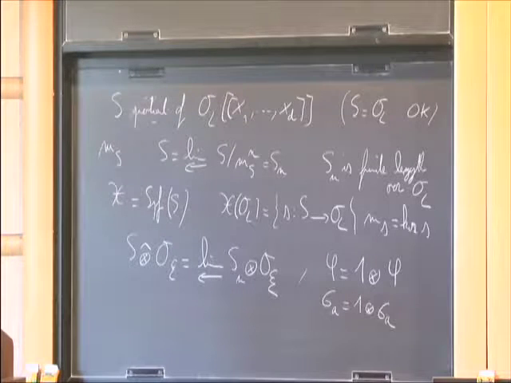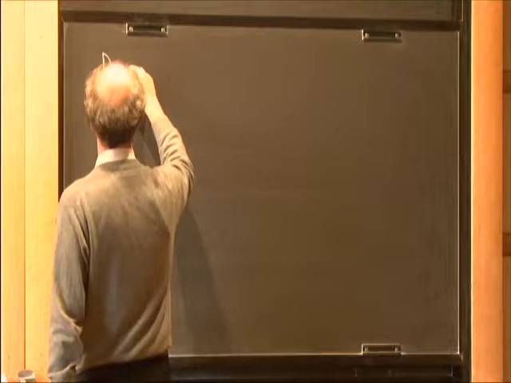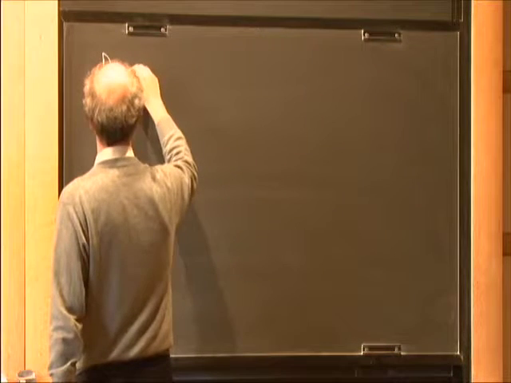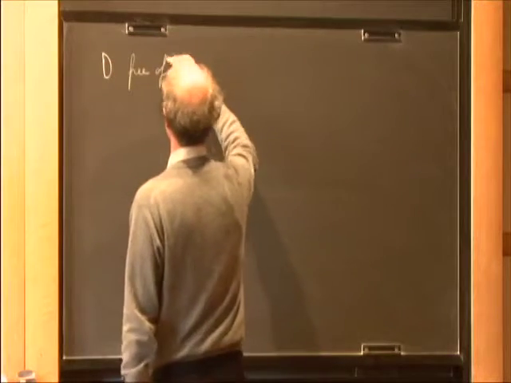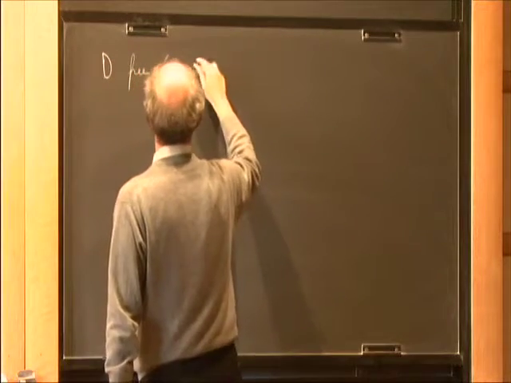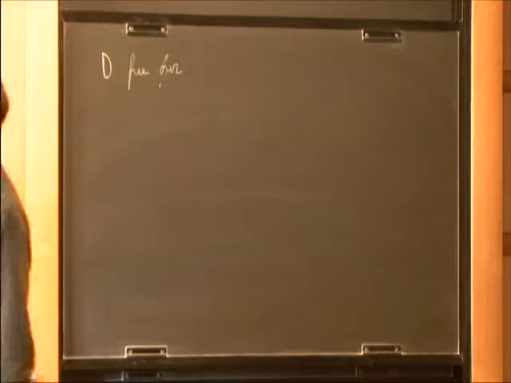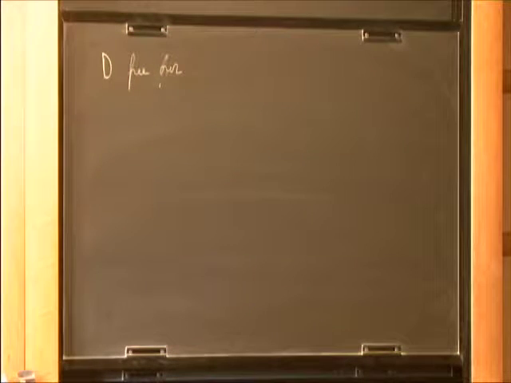So I mean the easiest thing to say is that D you want it to be free of some rank, so free over. So now you want to be in the free case and not in a torsion case. Yeah. Now I want to be in the free case because I want to use, well, I want to be in the free case.